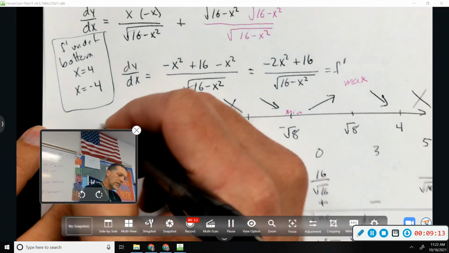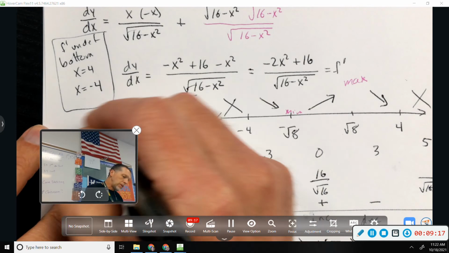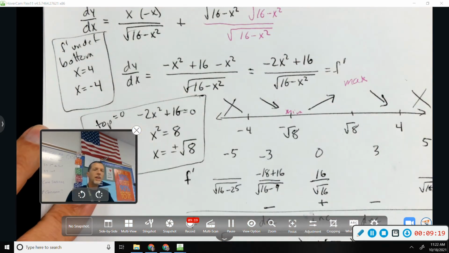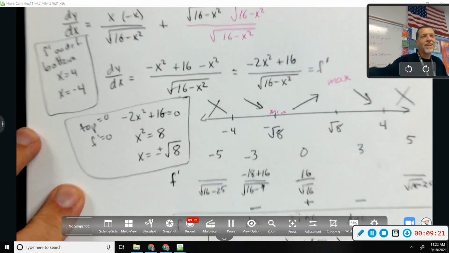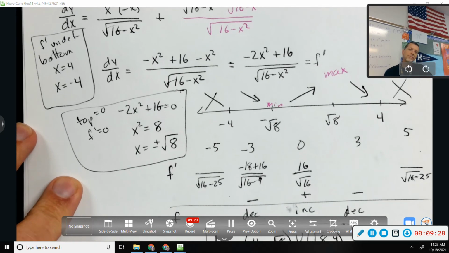Where the top is equal to 0, that would be plus and minus square root of 8. So this is a good one because it had everything in it. Usually you don't have to worry about all of it, but this one you did.